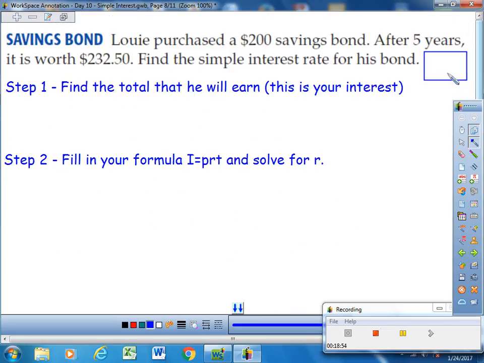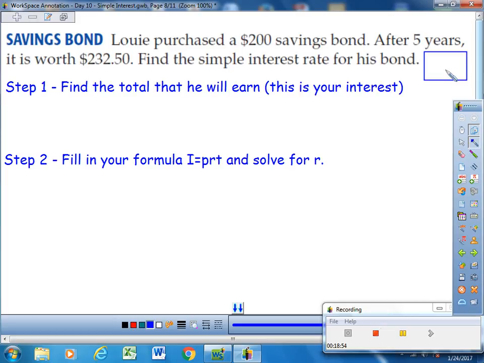So the next question, I'm going to have you work this one out. It's a little bit different, so let's read through it. Louis purchased a $200 savings bond. After 5 years, it is worth $232.50. Find the simple interest rate.